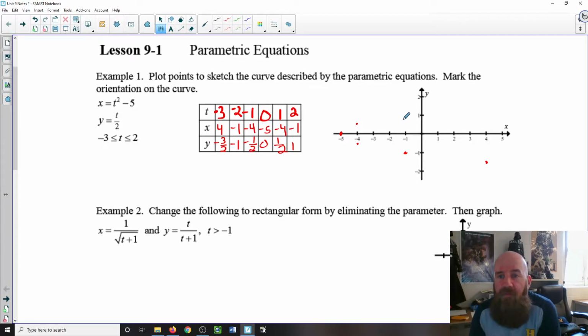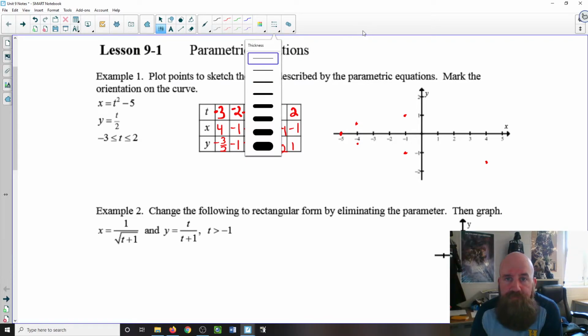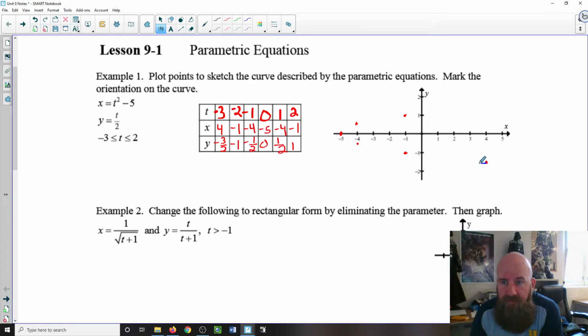And -1 and 1. Alright. So now that we have our points plotted, we can go ahead and connect them with a curve. We're going to start from the first coordinate at time -3, and we're working this way. So connecting each point with a curve.